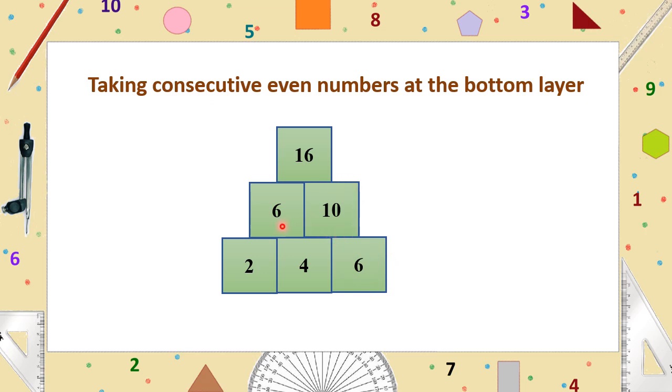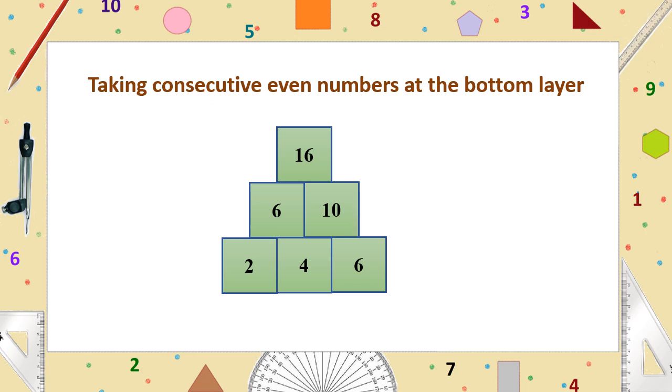And what will be the sum of 6 and 10? 6 plus 10 is 16. Here also, the top layer number is 16 and the middle number at the bottom layer is 4. That means 4 times 4 is 16. Or in other words, the top layer number 16 is 4 times the middle number at the bottom layer.